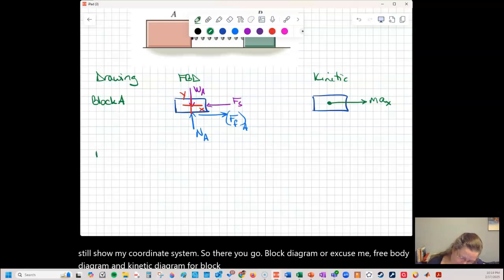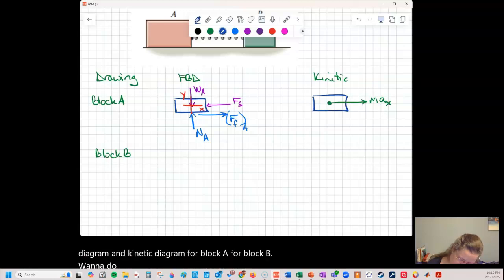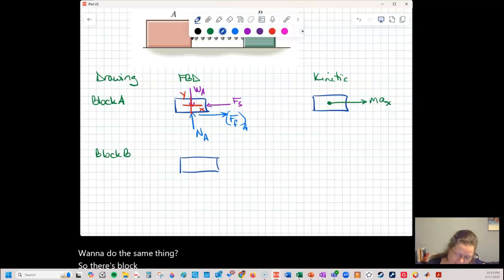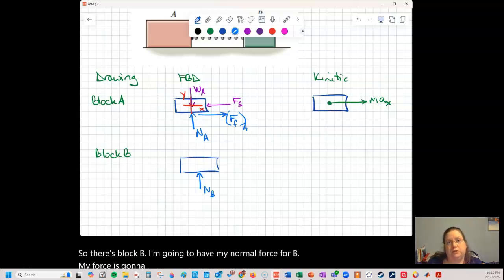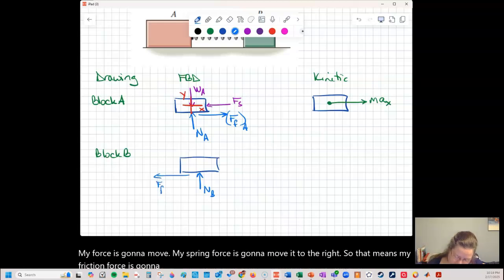For block B, I want to do the same thing. So there's block B. I'm going to have my normal force for B. My spring force is going to move it to the right. So that means my friction force is going to be to the left.